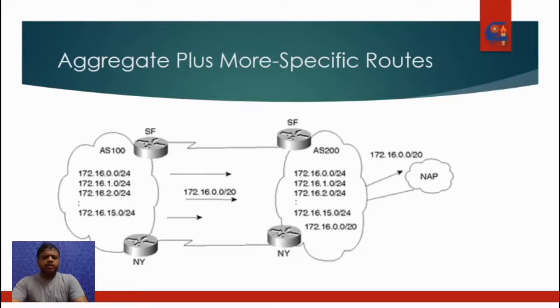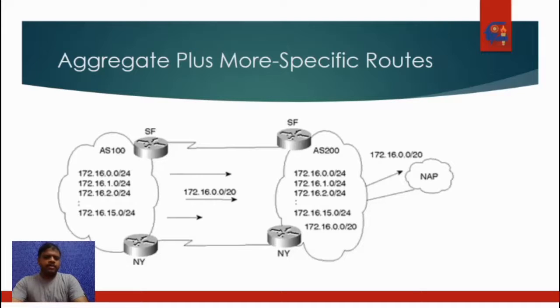If the aggregate only is sent over both the SF and NY links, traffic from Autonomous System 200 towards Autonomous System 100 will always take one link or the other. This arrangement creates an unbalanced traffic load.